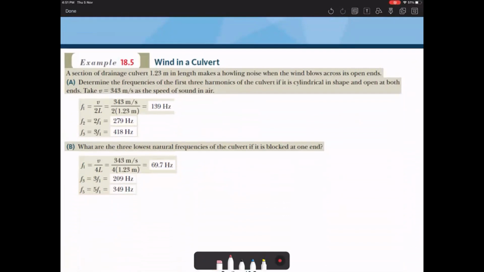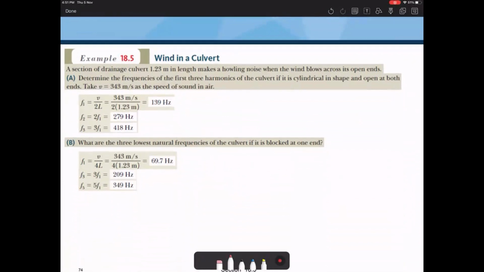And here we have two examples of standing wave in the air column. The first one would be a drainage culvert, basically a tube, if you like.